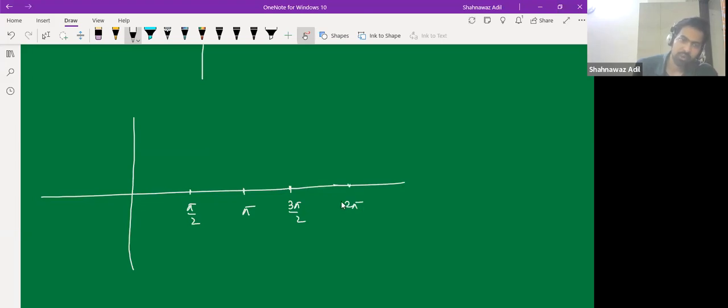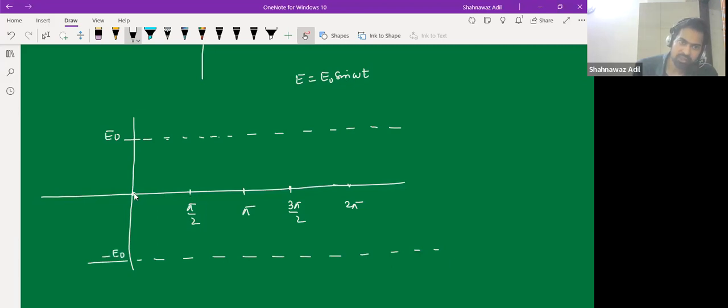We know that E is E naught sine omega t. Sine 0 is 0, so this would be here. At 90, sine 90 is 1, so this would be E naught.